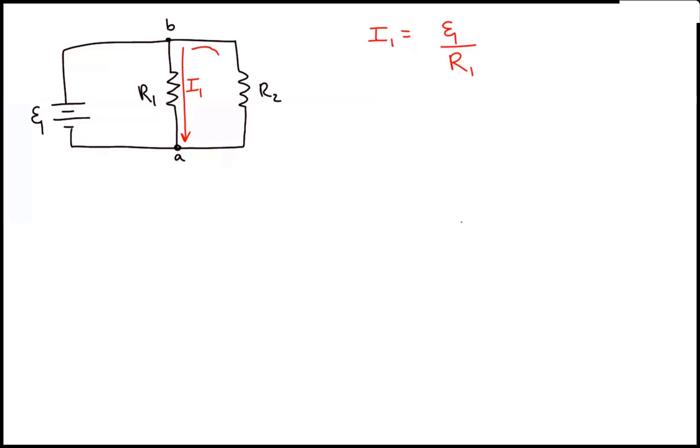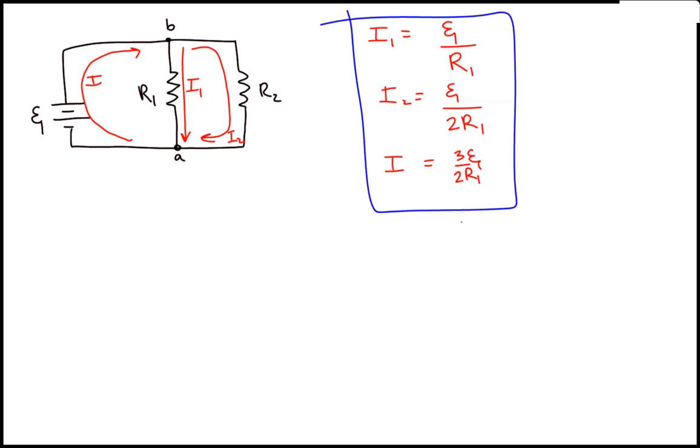The current through resistor 2, we assumed the correct direction, and that was equal to EMF over 2 times the resistance of resistor 1. And the current through the battery, we now know we chose the opposite direction to the direction the current is actually moving. So I is equal to 3/2 the EMF of the battery over the resistance of resistor 1. So there we have it.